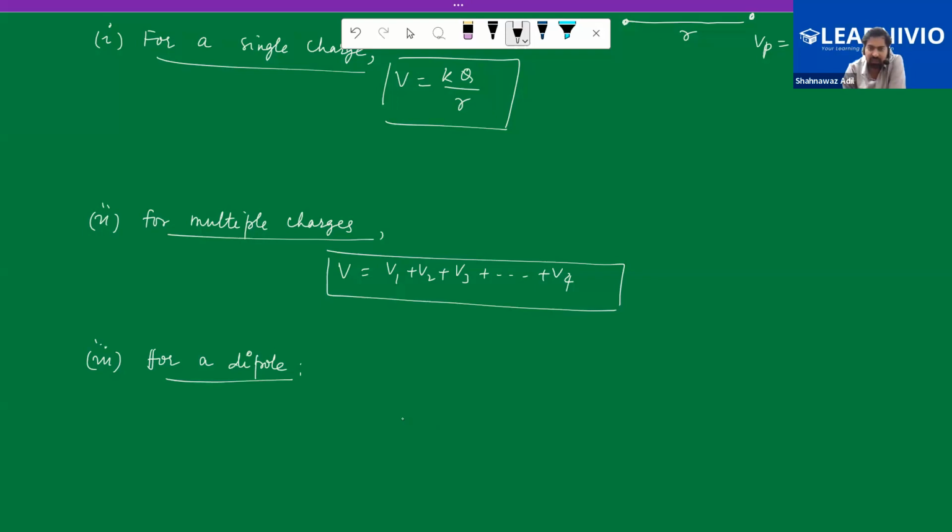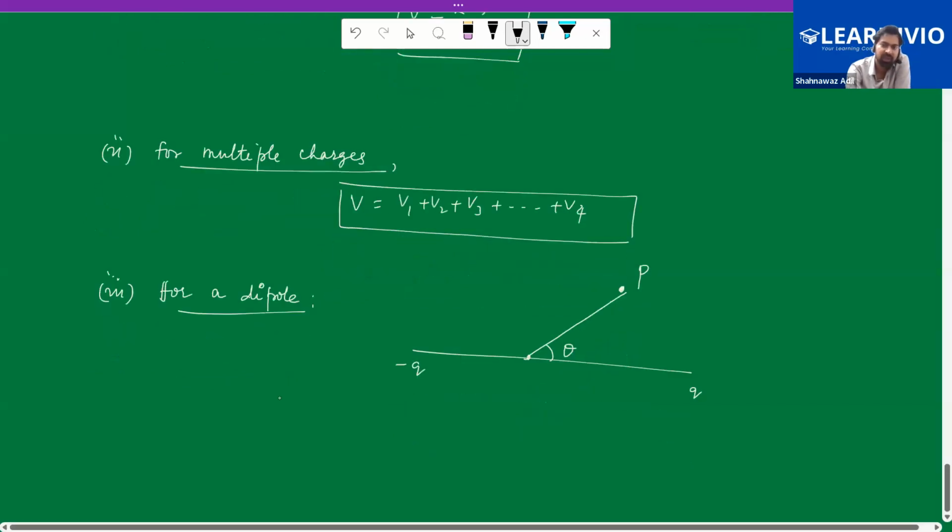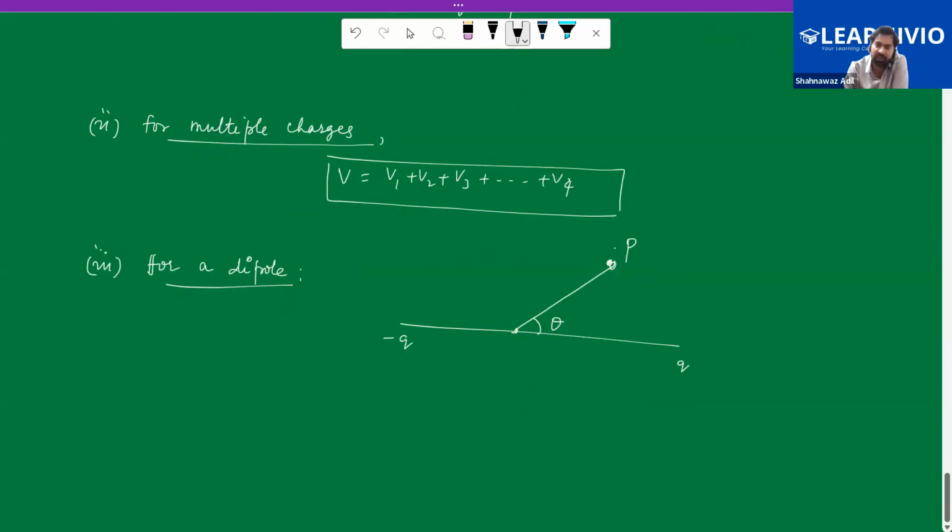So let's say you have a dipole, and this is minus Q, this is plus Q, and you are trying to calculate at this point P, which is making an angle theta, right? So what is Vp? Do you guys remember?